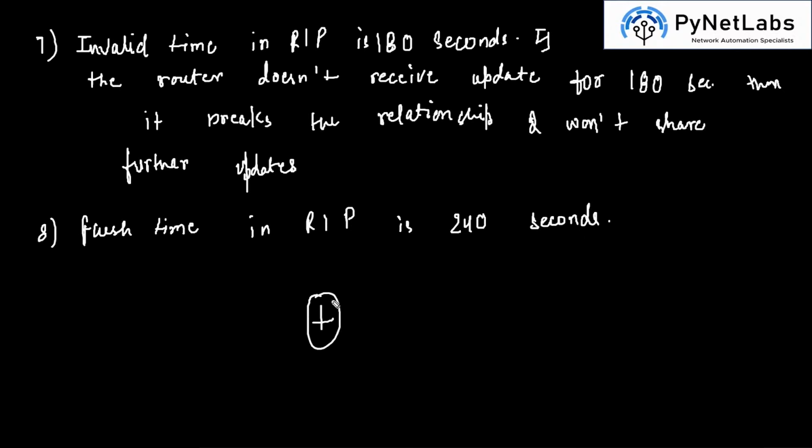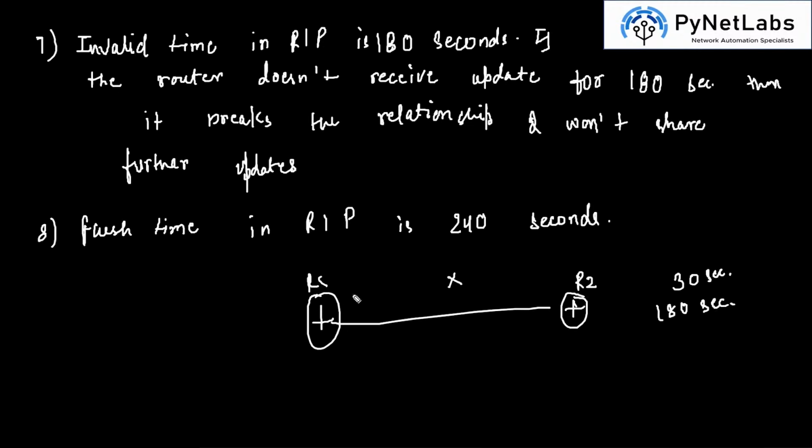So we have R2 and R1. Let's say R2 goes down and doesn't share updates. Then R1 will wait for 180 seconds, and after the completion of 180 seconds, R1 will break the relationship.